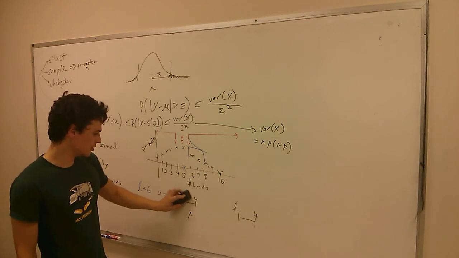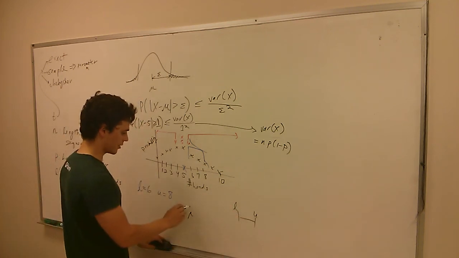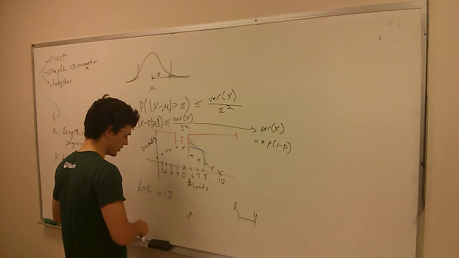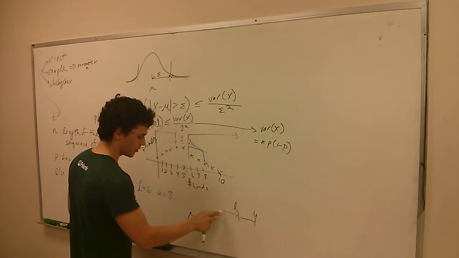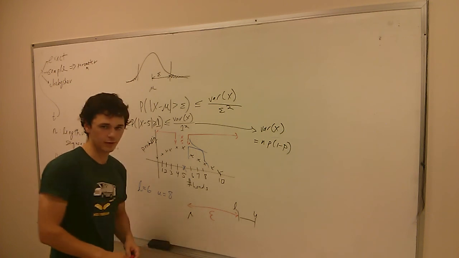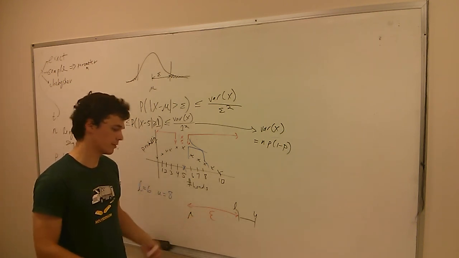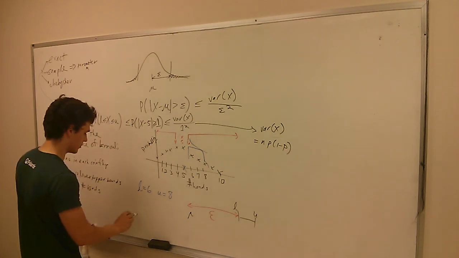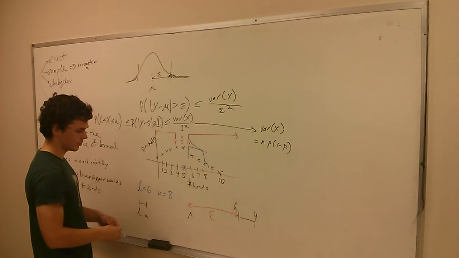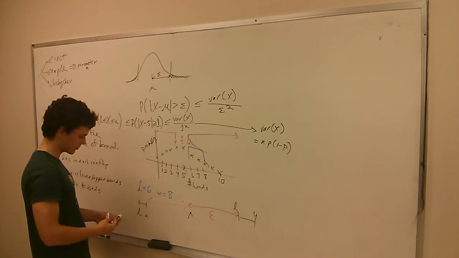So in the case that L and U are above the mean, then this epsilon, you can take it to be L minus mean, right? The distance from the lower end of the interval to the mean. And in the case L and U are below, you can take it to be mu minus the upper, right?